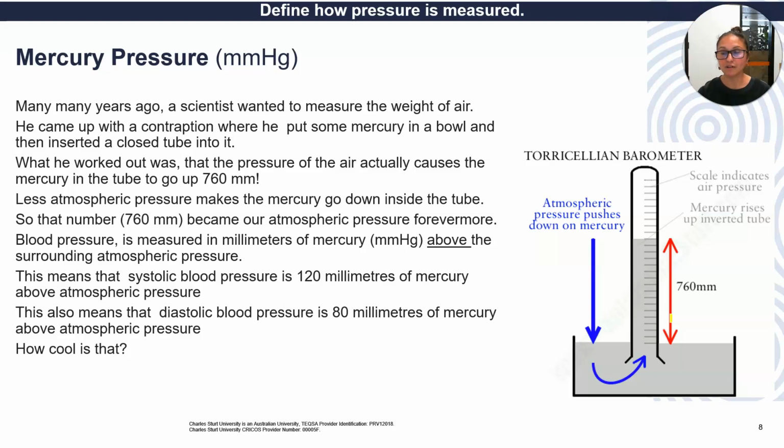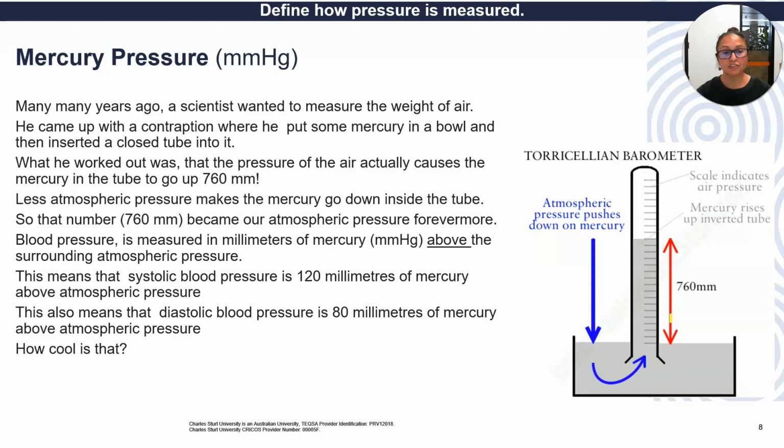At sea level, the air pushes down on the mercury, so it goes up the tube 760 millimeters. So that millimeters of mercury is what you use as units for measuring pressure. And it all stems from this guy's contraption.